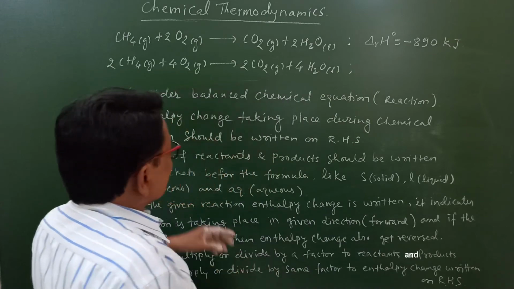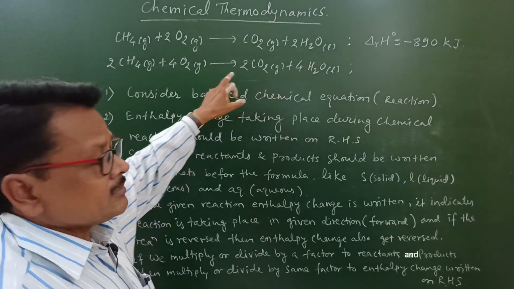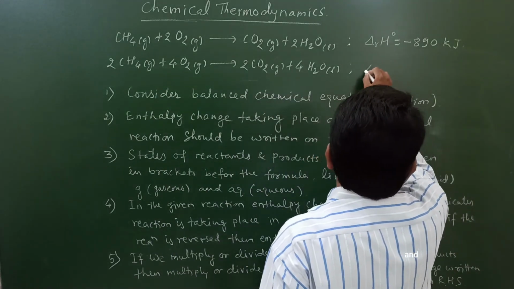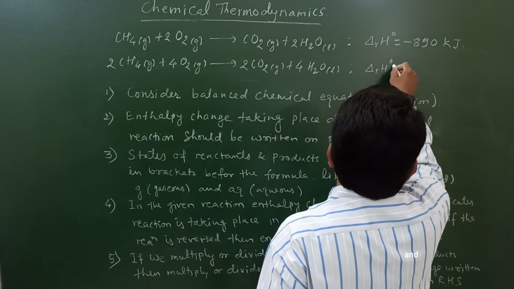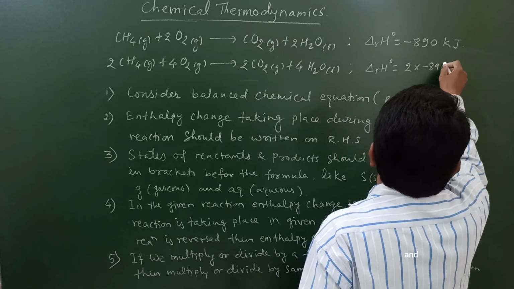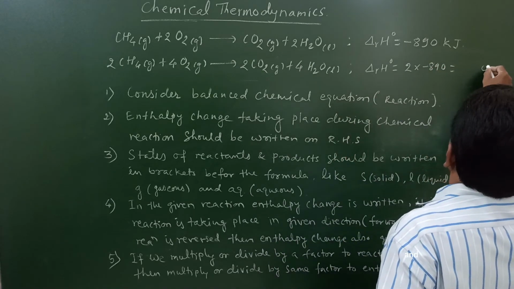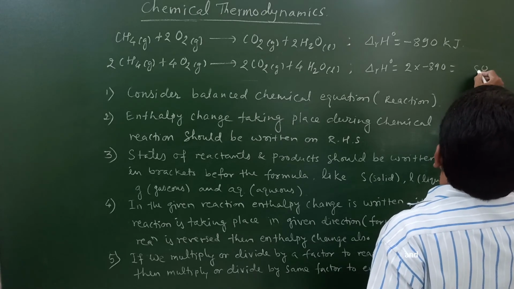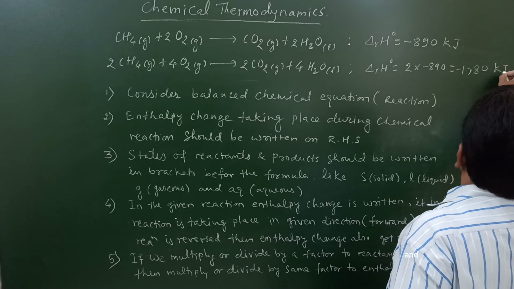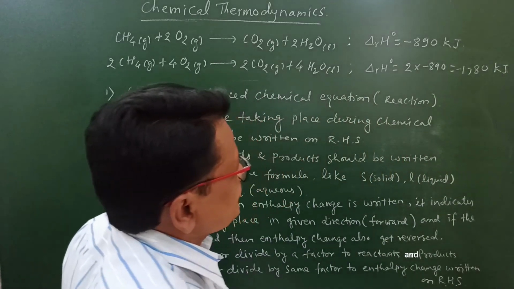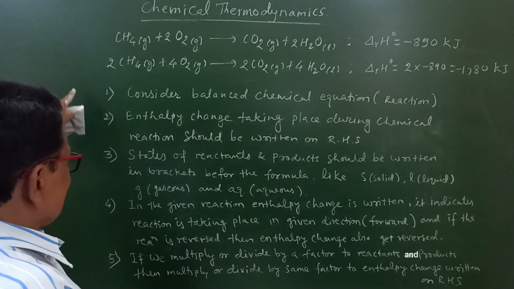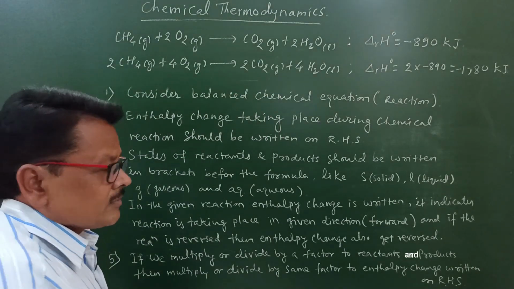I have multiplied reactants and products by factor 2. Then to keep it balanced, the enthalpy change is also multiplied by 2, that is 2 multiplied by minus 890, so minus 1780 kilojoule. So that is the balanced equation. In this manner, we have written the equation by applying all these 5 rules.